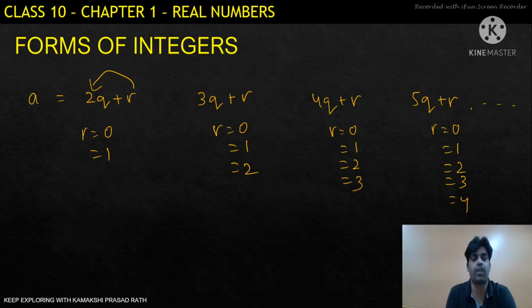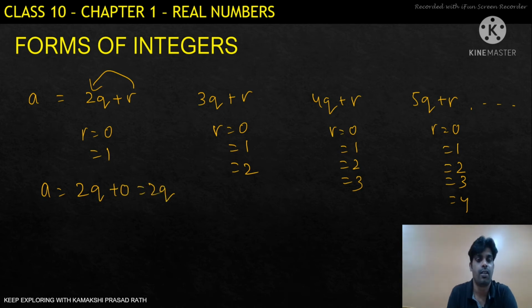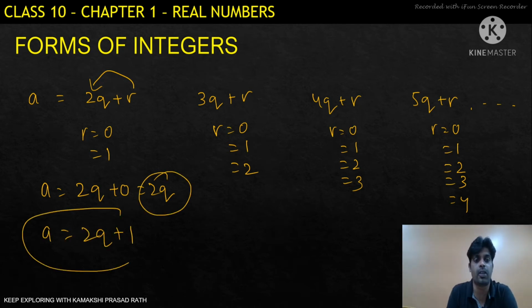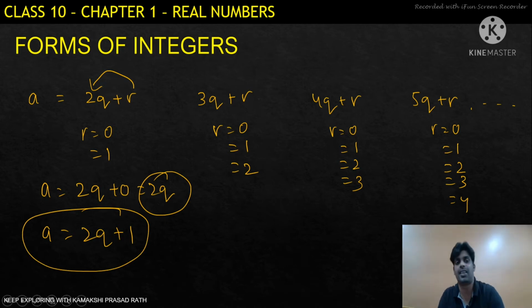Now here we see what forms we can get. When the remainder is 0, a I can write as 2q plus 0, that is 2q, and when the remainder is 1, a can be written as 2q plus 1. So 2q and 2q plus 1 are the two forms of the integer a when divided by 2.